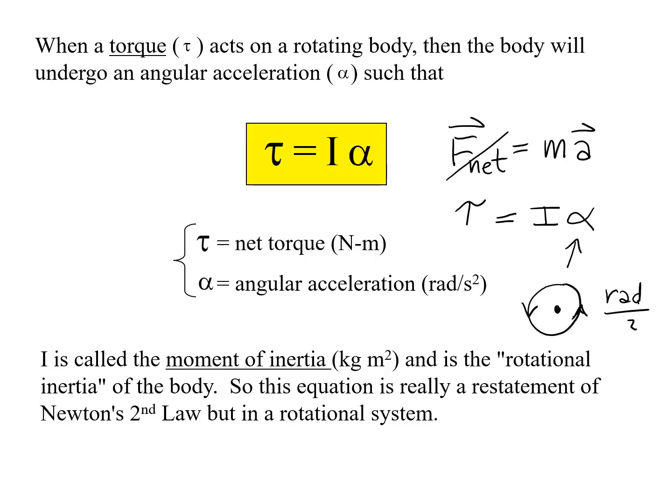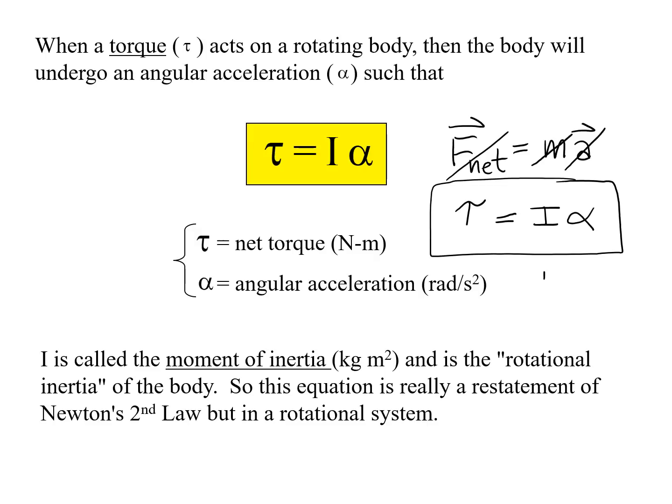So our equation F equals ma has become, in rotating systems, that we replace force with torque, mass with I, and a with alpha. This torque equals I alpha equation is basically Newton's second law for rotating systems. We will talk about this further in a future lecture, but for right now, recognize that torques tend to create angular acceleration, or rotation.